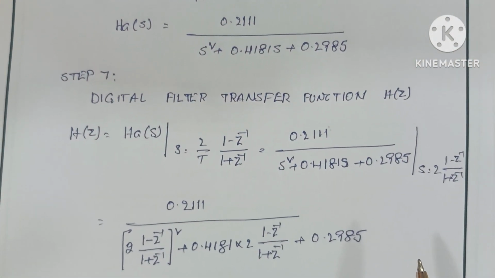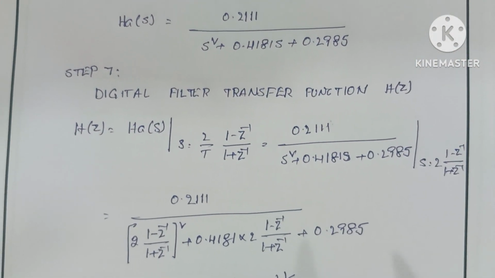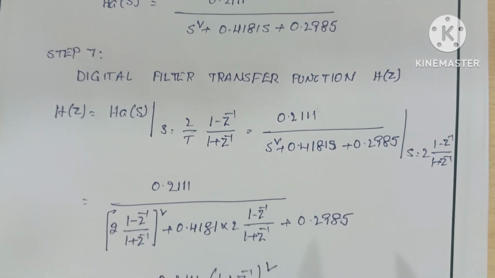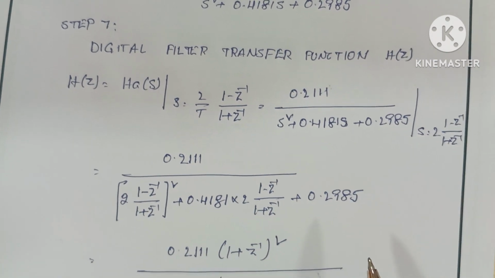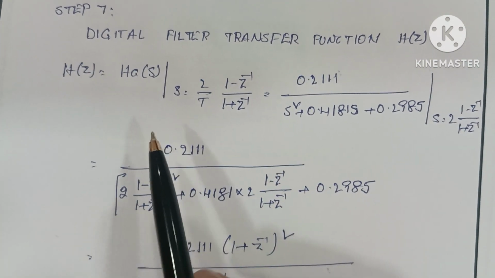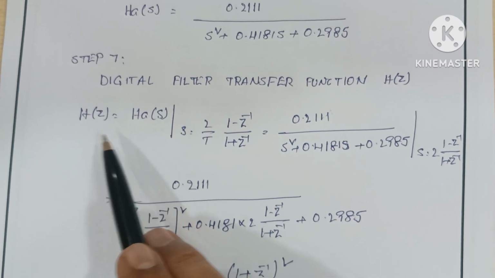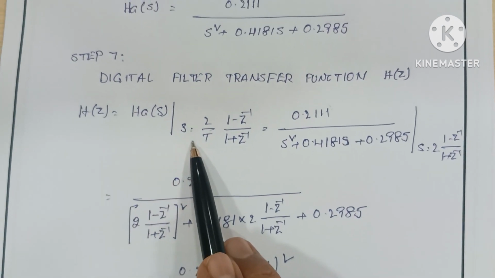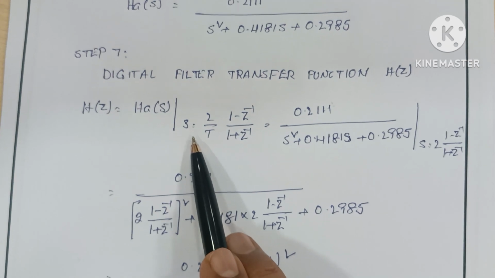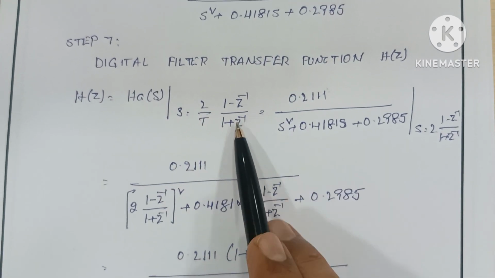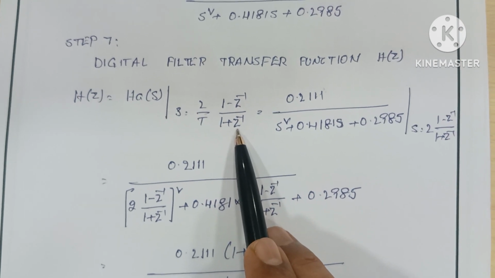Now step number 6. Using bilinear transformation, we have to transform the analog filter transfer function HA of s into a digital filter transfer function H of z. As all of you know, this is the procedure for transforming HA of s into H of z using bilinear transformation. Simply substitute in place of s, 2 by T into (1 minus z power minus 1) by (1 plus z power minus 1).